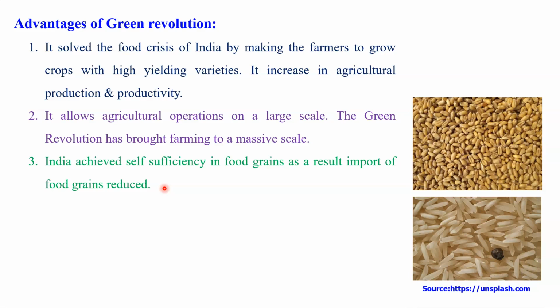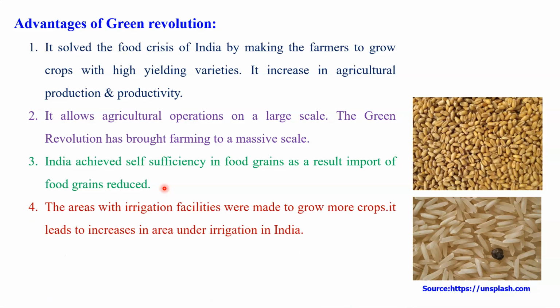Therefore, we were able to produce tremendous agriculture output. Due to this, we became self-sufficient in food grain, and the food grain we used to import from various countries suddenly decreased due to the boost in agriculture production in India. So this is a very important advantage of the Green Revolution in India.